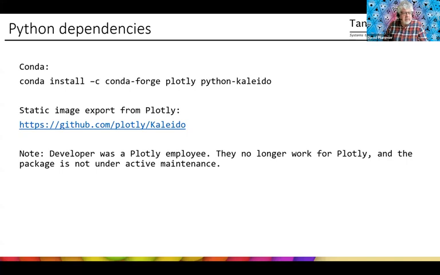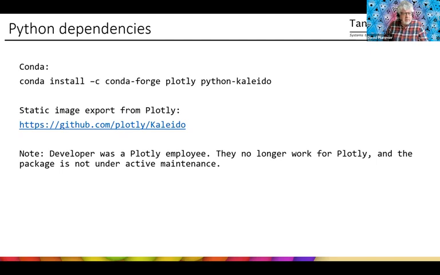I should note that the package Python Kaleido, which enables you to export a static image of the chart if you want to produce static images for the workflow, that package is no longer actively maintained. The person who did maintain it used to work for Plotly, they've left. So if there are problems, you will need to go onto the internet and do some Google searching.